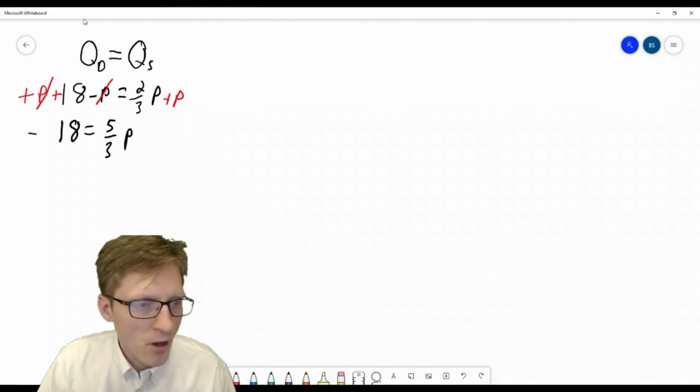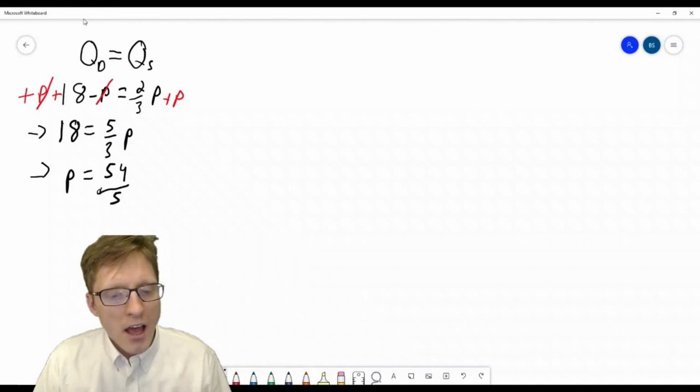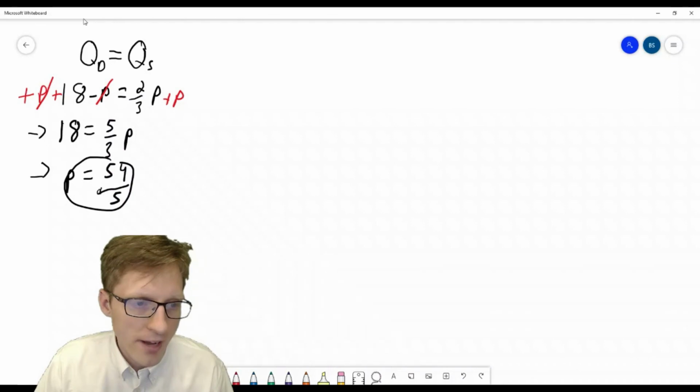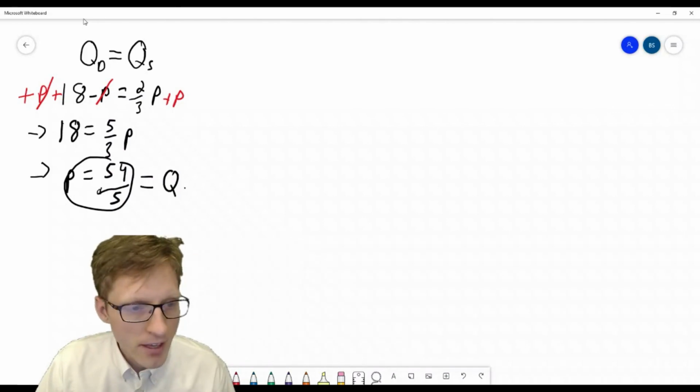If you were to solve this a little bit further, you would find that the price is equal to 54/5. And you could take this price and plug it into either demand or supply. You should get the same answer either way. If you were to do that, you would find that the quantity that is transacted in equilibrium is equal to 36/5.